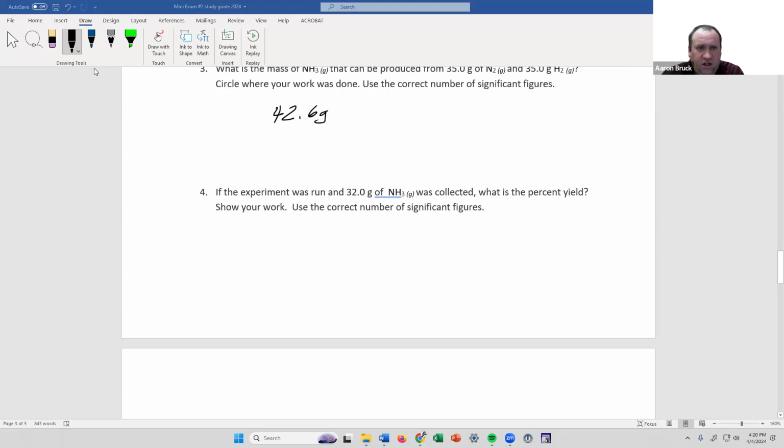So the last question here: if the experiment was run and 32 grams were collected, what is the percent yield? Remember that percent yield is actual over theoretical times 100%.